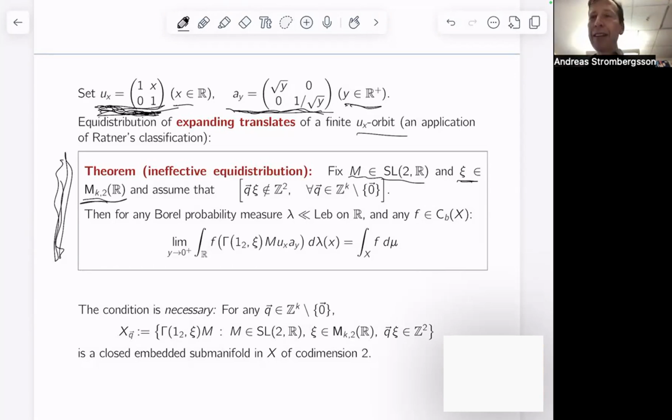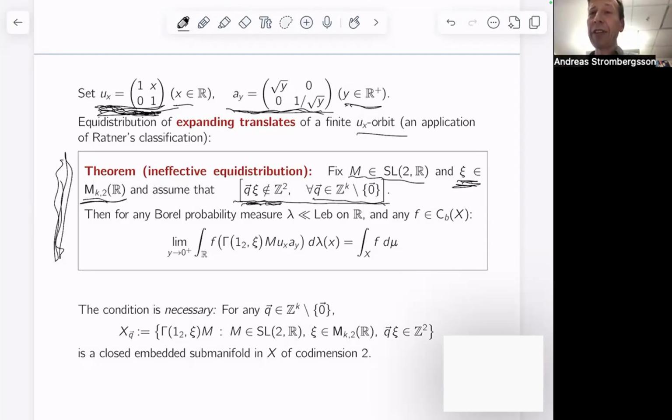And then under a certain Diophantine or genericity assumption on psi, we have to assume that for every non-zero integer vector Q, Q is a K-dimensional vector, this matrix product, Q times psi, that is now a real two-dimensional vector, is never an integer vector. So that's the genericity assumption that we have to impose on psi.